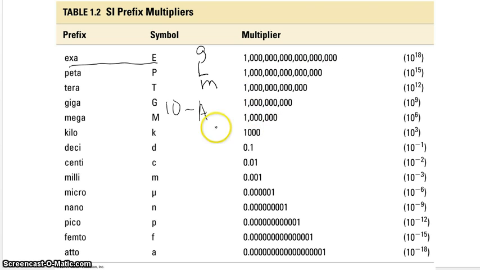That tells me right away that these 10 exa amperes is equal to what? 1 times 10 to the 18th amperes.